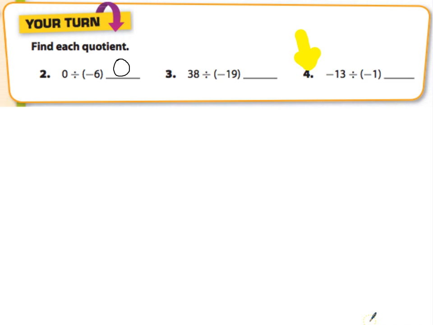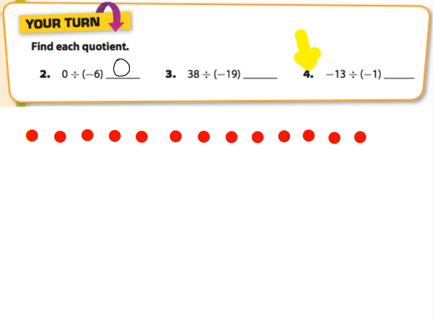So I have -13 and I want to put it into groups of 1. Okay, and it's negative, so I need a red dot. So 1, 2, 3, 4, 5, 6, 7, 8, 9, 10, 11, 12, 13.